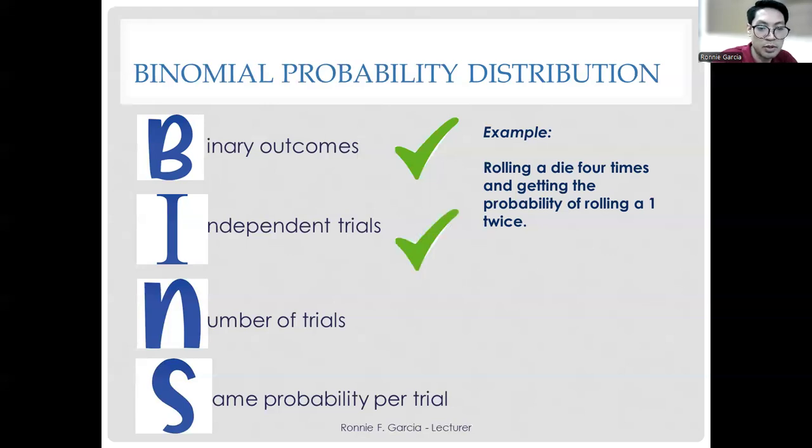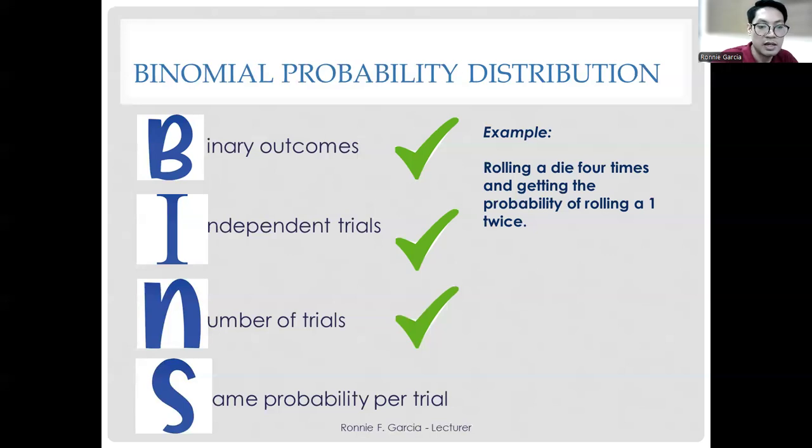The third is for the number of trials. The number of trials is actually defined as 4. It's 4 times, so the 6-sided die will be rolled 4 times. So the number of trials, N, is equal to 4. So it is also satisfied. For letter S, the same probability per trial. In every trial, there will be a 1/6 chance of getting a 1, since there are 6 possible results, and getting a 1 is just one of those chances.